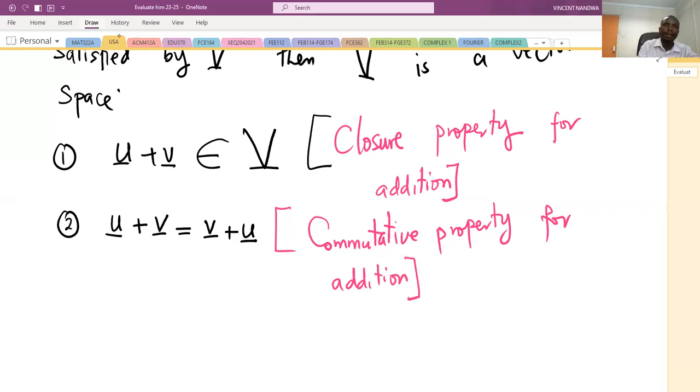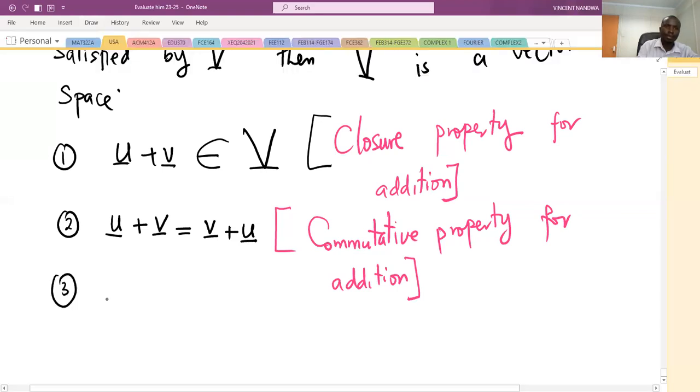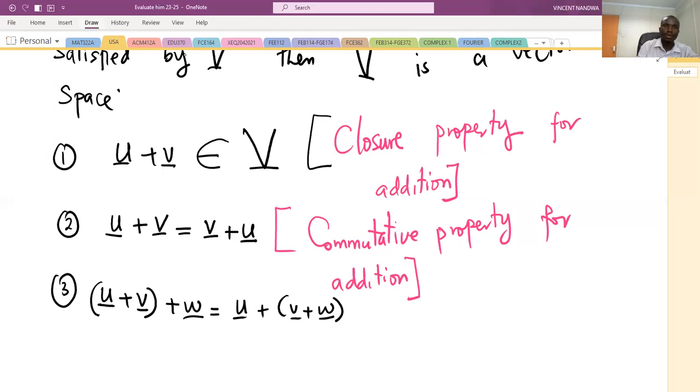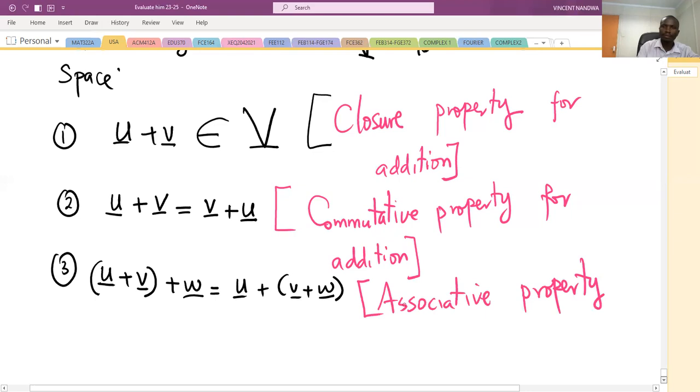And then number 3, (U plus V) plus W equals U plus (V plus W). So when you change the position of brackets, this property is called associative property for addition.